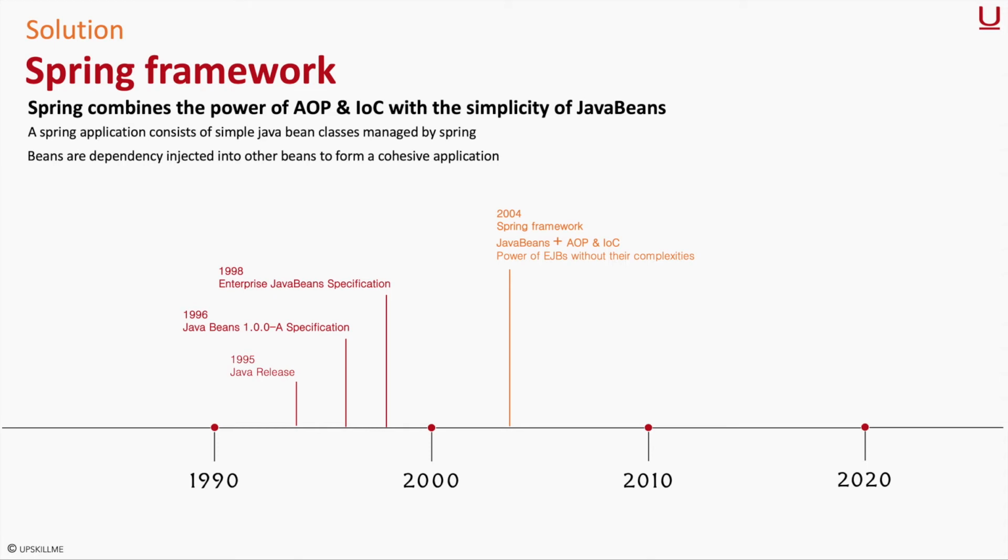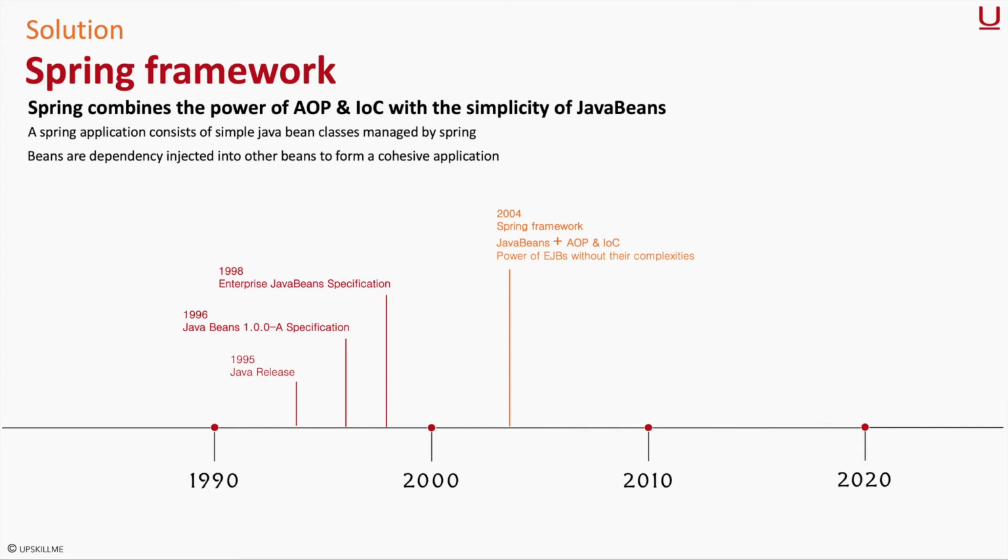EJBs were released in 1998, and back then there were not many alternatives available to EJBs. EJBs were not perfect and they had their own challenges, which led to the release of Spring Framework in 2004. Being the first mover in the direction, it quickly captured the market and now is the market leader in terms of Java EE frameworks.